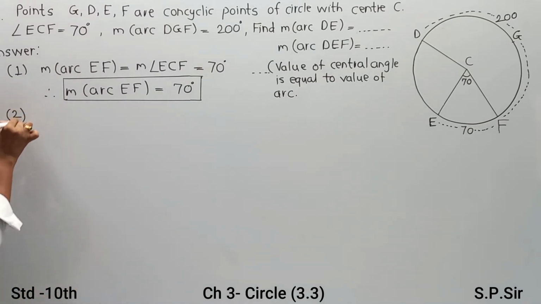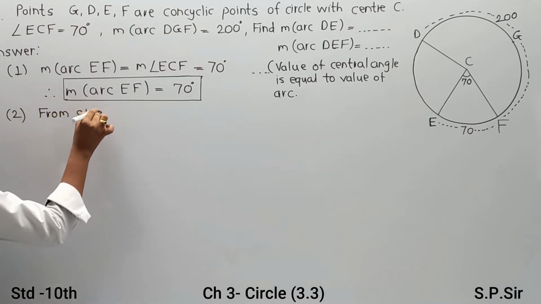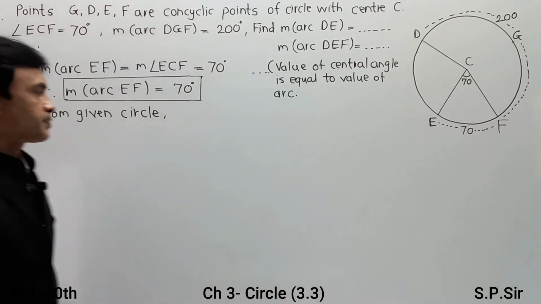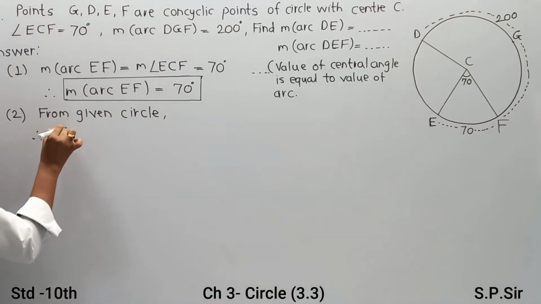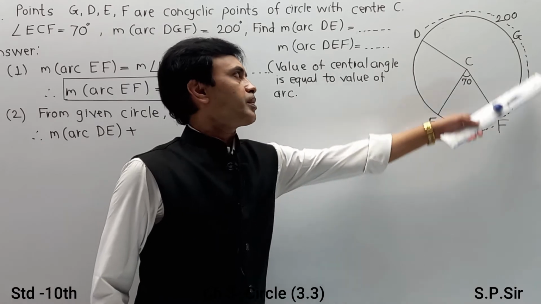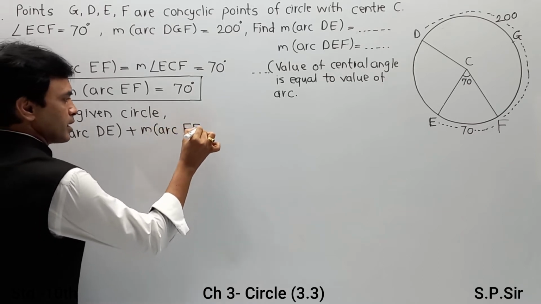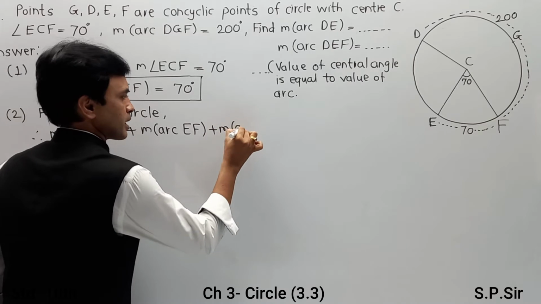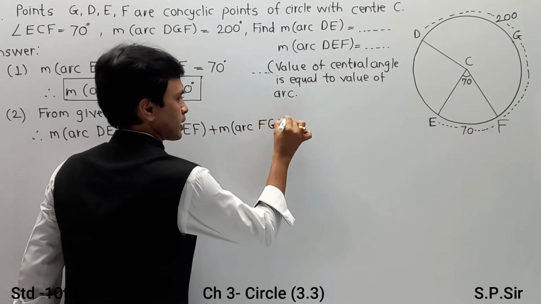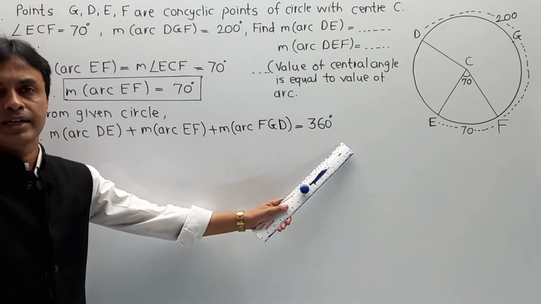So your second evaluation, which is actually our answer part, from the given circle: major arc DE plus major arc EF plus major arc FGD, and the total addition is 360 degrees. Why 360 degrees? Because it is the arc addition of the entire circle.